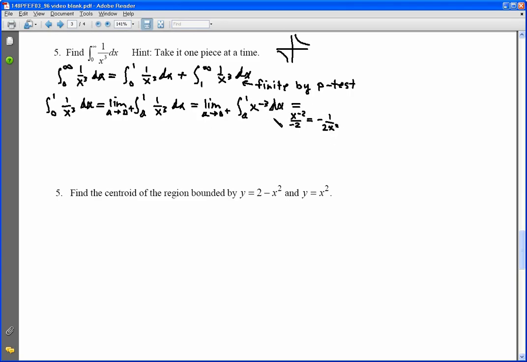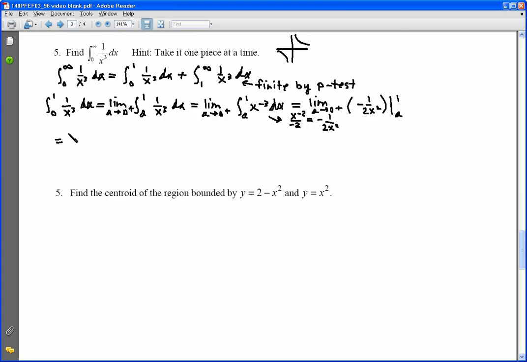So in my next step, that was just parenthetically figuring that out, to save us a little bit of writing. So this will be the limit as a approaches 0 from the plus side, and now our antiderivative is negative 1 over 2x squared, going from a to 1.